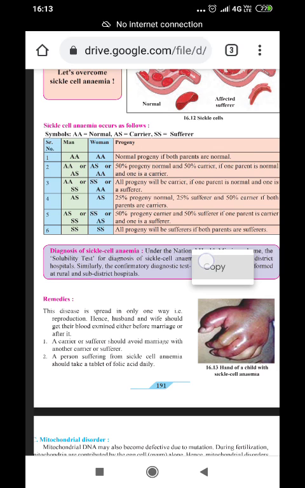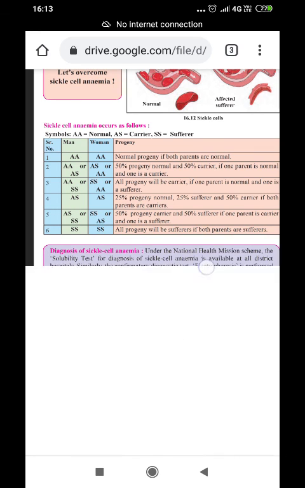Whereas if one partner is normal and the other is a sufferer, then all the progeny will be carriers.